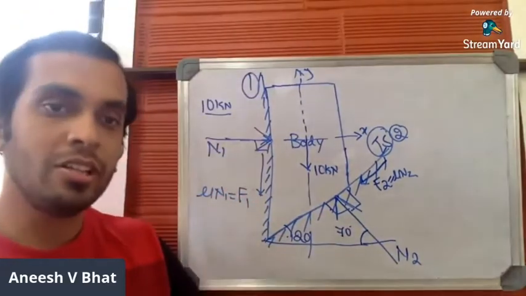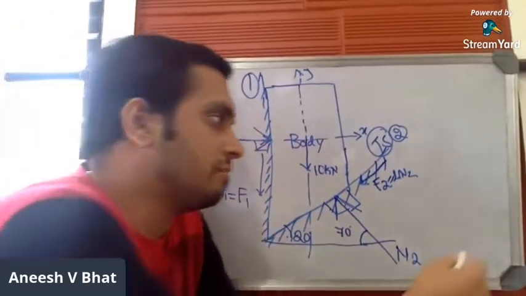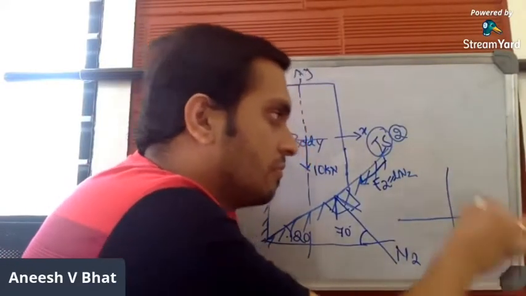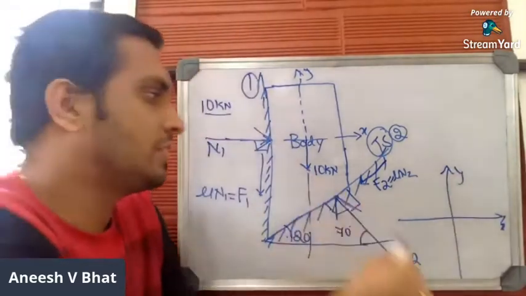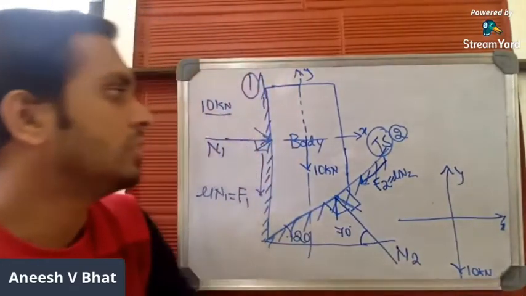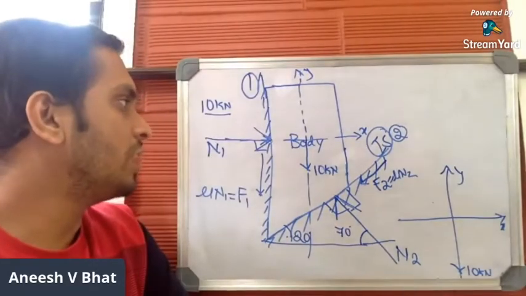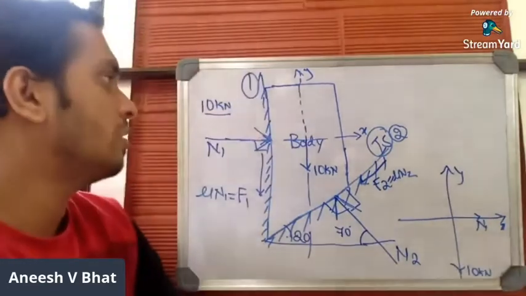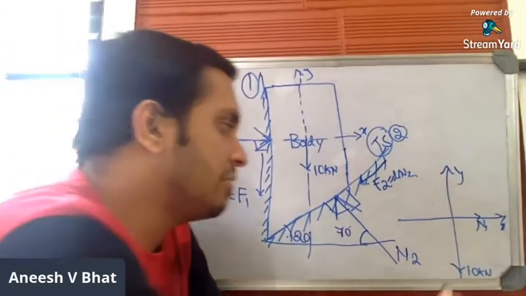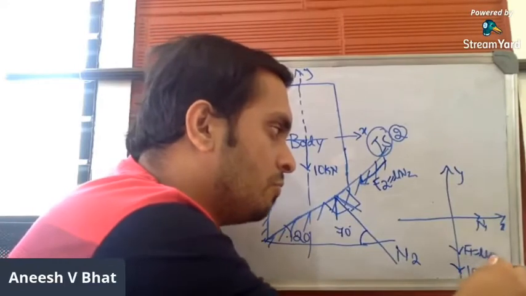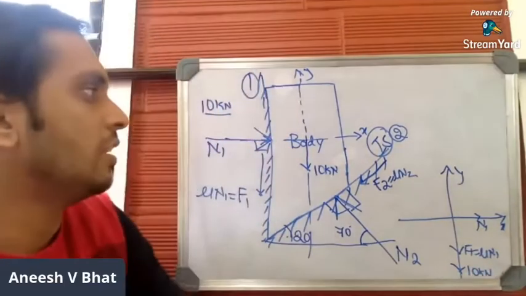Once we mark all the forces, we have to draw the free body diagram. Let me draw the free body diagram. Mark the self-weight, which moves vertically downwards, as 10 kilonewtons. You can mark N1 here in the positive X axis, and F1 in the negative X axis, which is equal to mu into N1.